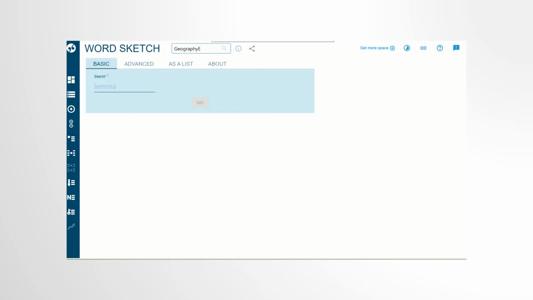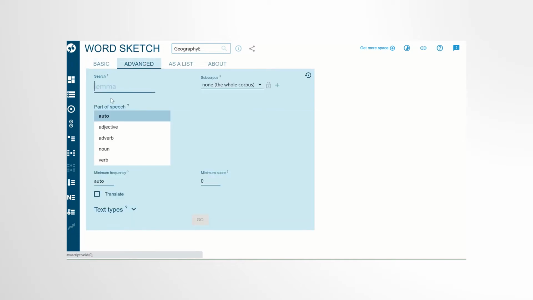Now we could do a basic search, of course, but that would probably give us the verb mention, and we're interested in the noun mention, so we can tag this here. We enter mention and we click on noun down here in the part of speech box.